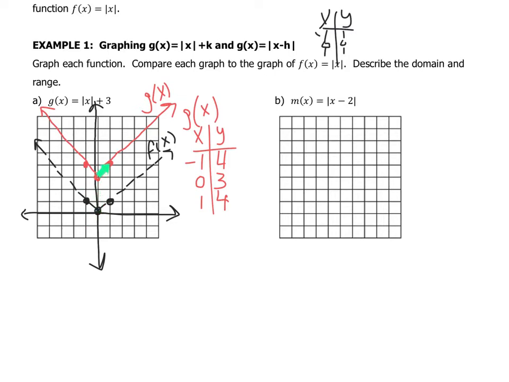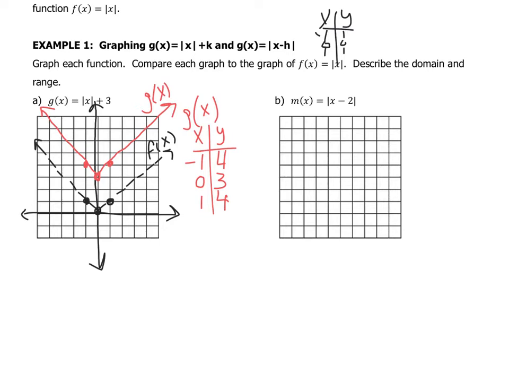This point got pushed up 3. This point got pushed up 3. This point gets pushed up 3. So it's basically doing a translation up 3 with that positive 3 on the outside of the absolute value bars.